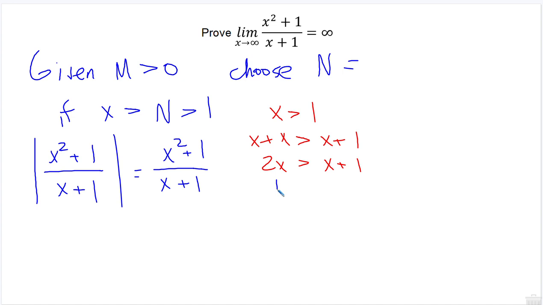I'll go back to my red pen here. So we've got 1 over 2x is less than 1 over x plus 1.